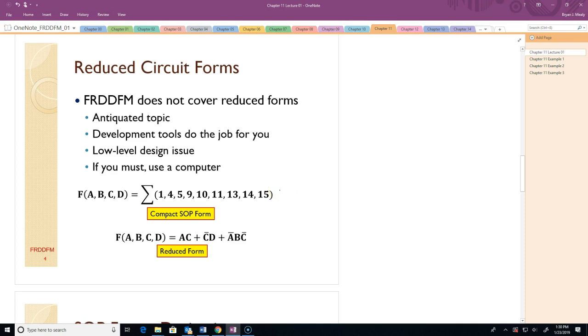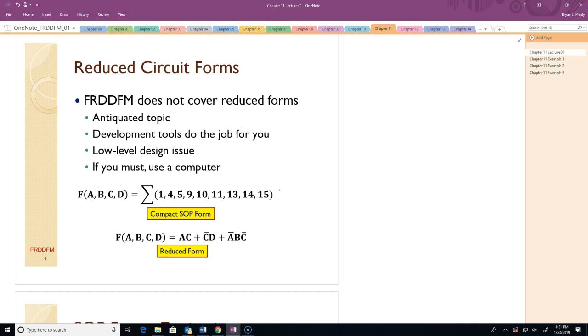There's a notion of reduced circuit forms also. Most books cover this in depth. The idea is what we've been using is standard sum of products and standard product of sums, which is really clunky. Essentially, you can reduce that and make fewer terms and be functionally equivalent to the standard sum of products representation.